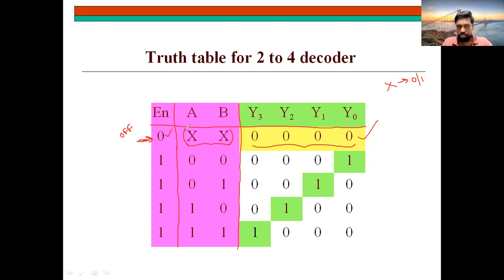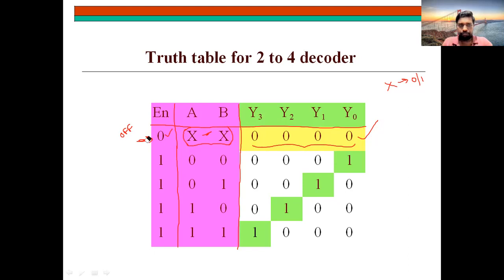If enable is equal to 0, whatever the input may be, the output will always be 0, because it is in off state. That is the condition.